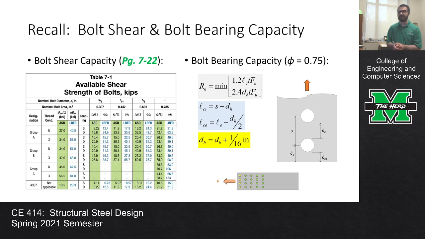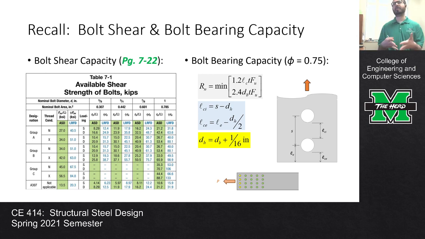For bolt shear capacity, we went through the variables that can affect it: the grade of bolt, whether A325 or A490; the thread condition, whether threads are included or excluded; whether we're in single shear or double shear; and the bolt diameter.